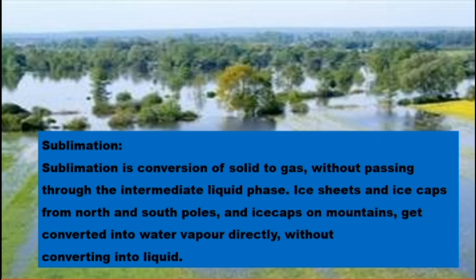Ice sheets and ice caps at the north and south poles and ice caps on mountains get converted into water vapor directly without converting into liquid. So sublimation is the conversion of solid to gas. The ice cube produces gas, the vapors.